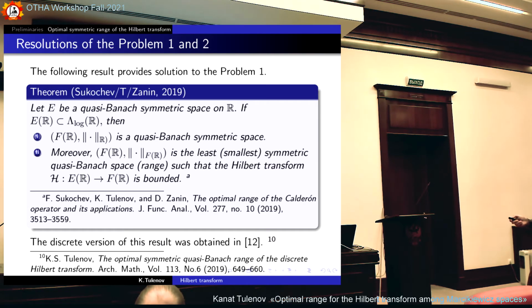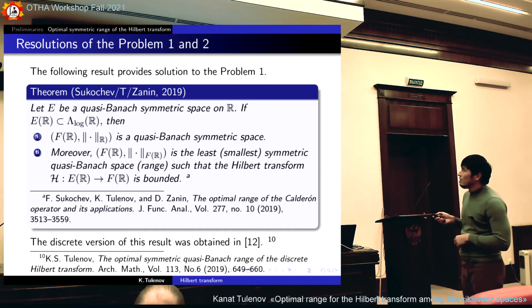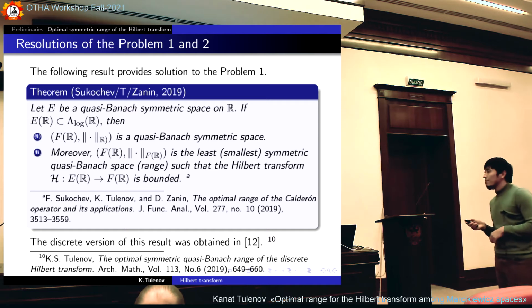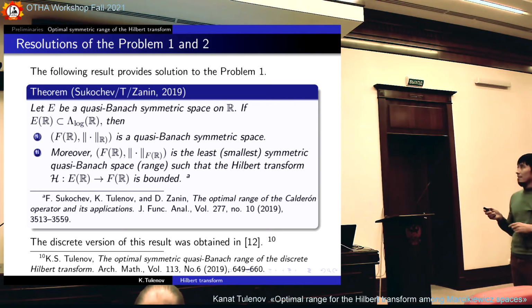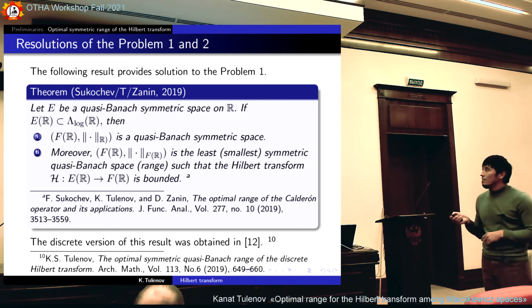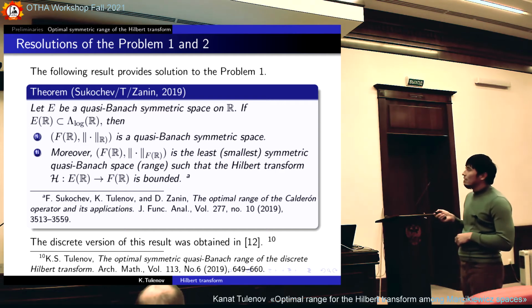The following theorem provides the solution to problem 1. If E is a quasi-Banach symmetric space on R, and this condition holds, then the defined F of R is a quasi-Banach symmetric space.